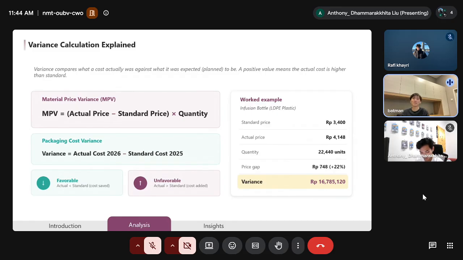When we multiply this gap by 22,440 units, the variance is about 16.8 million for this one item alone. This shows how a small price increase per unit can create a big cost impact.